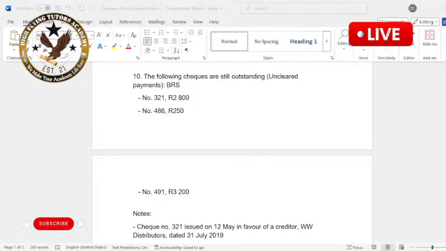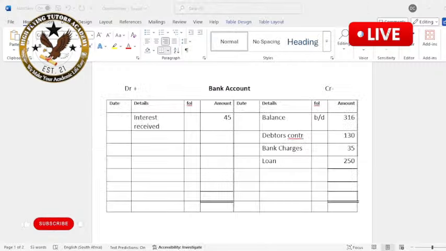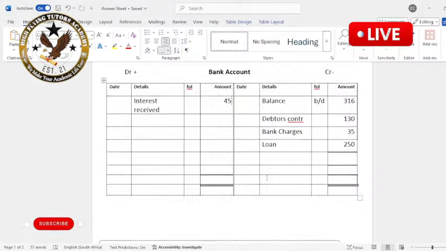Remember, uncleared payments must be debited in the bank reconciliation statement, because these payments are not cleared by the bank. So we just need to go to our answer sheet in the bank reconciliation statement and record these uncleared payments.